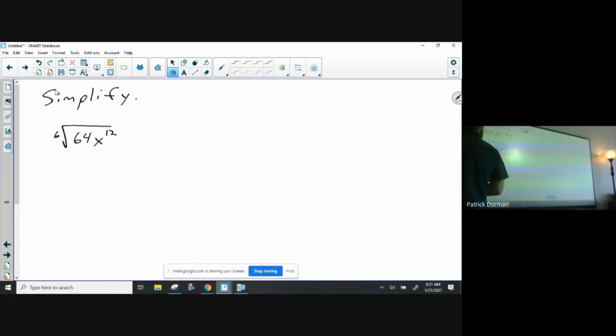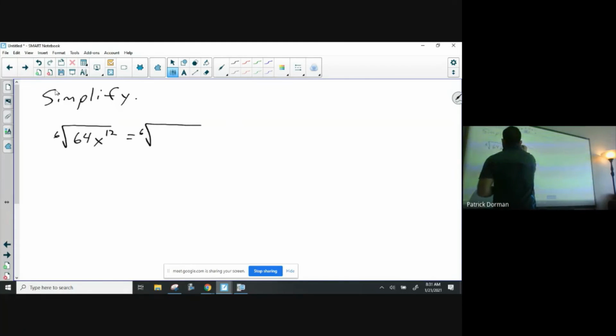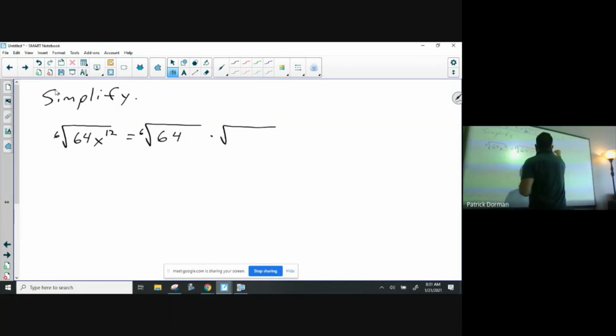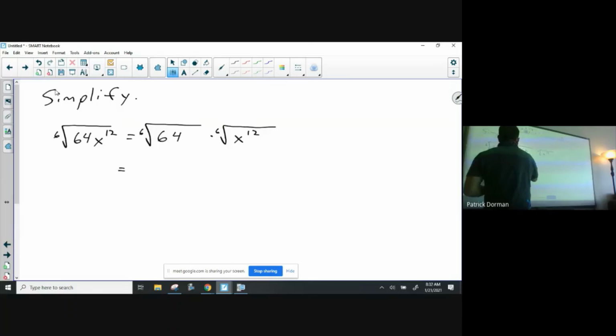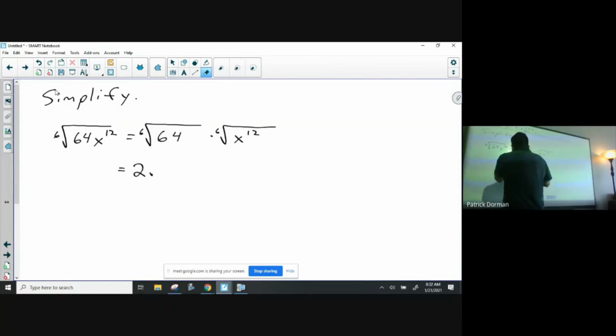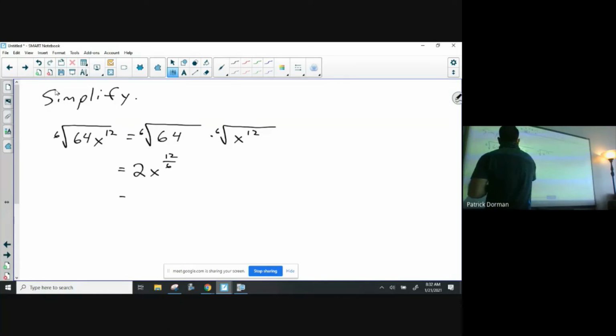All right, let's simplify that. So the first thing we need to do is separate it. We can write that as the sixth root of 64 times the sixth root of x to the 12th power. All right, the sixth root of 64 is 2. And let's go ahead and write this as a rational exponent. So that's going to be 12 over 6. So that's going to give me 2x squared.